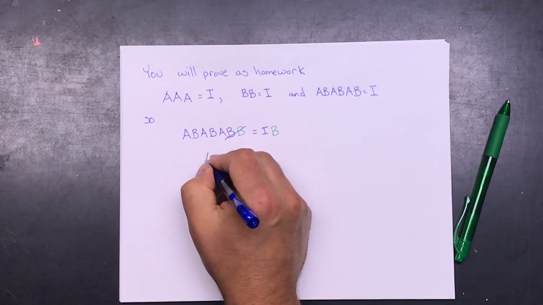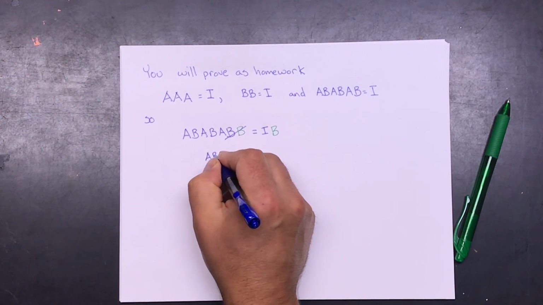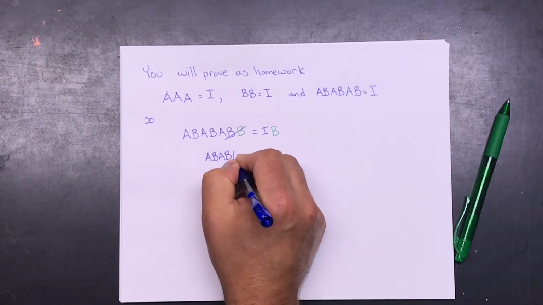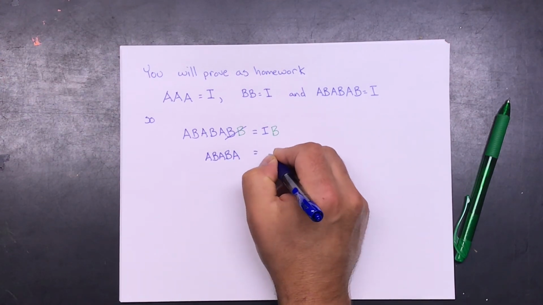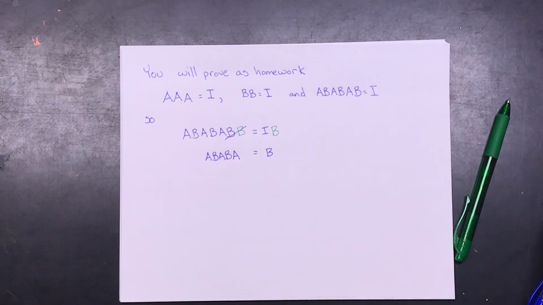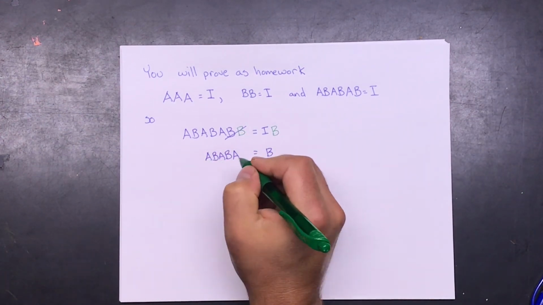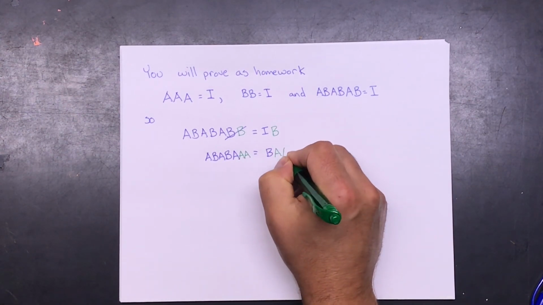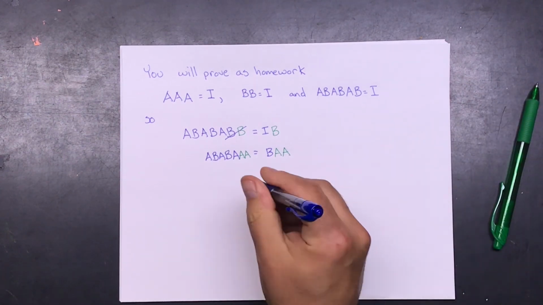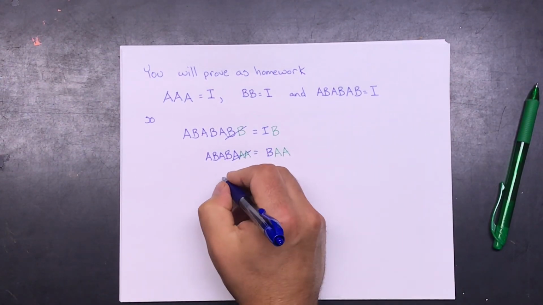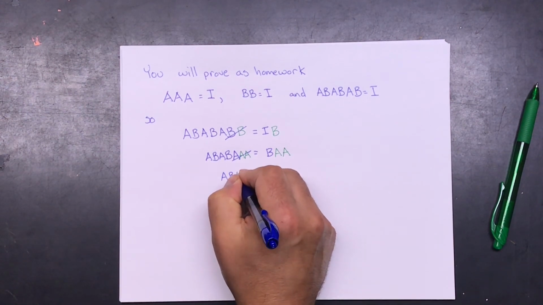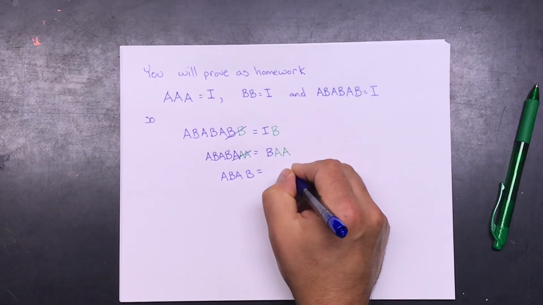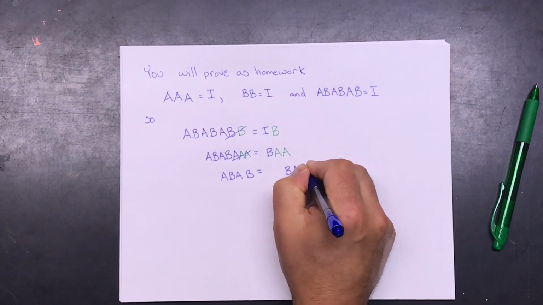Now we're left with AB, AB, A equals B. Multiplying on the right by AA, we see we have three A's in a row, and we can cross them out. That leaves us with AB, AB equals BAA.